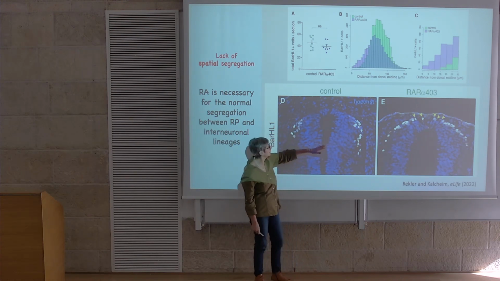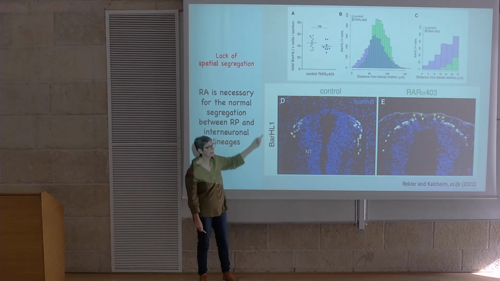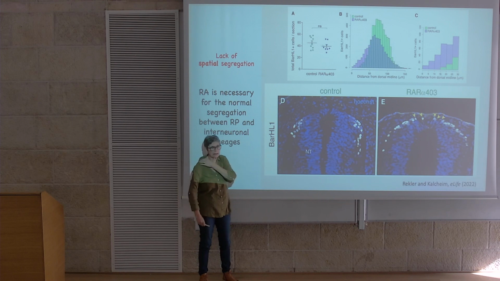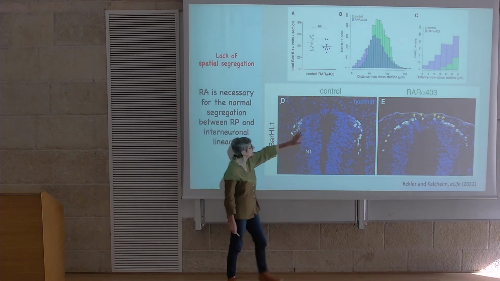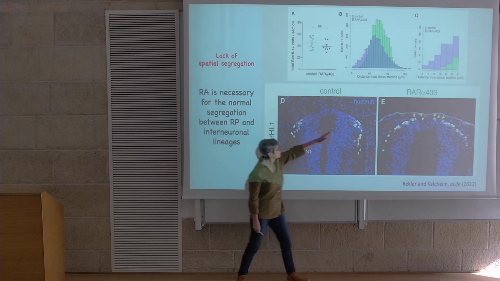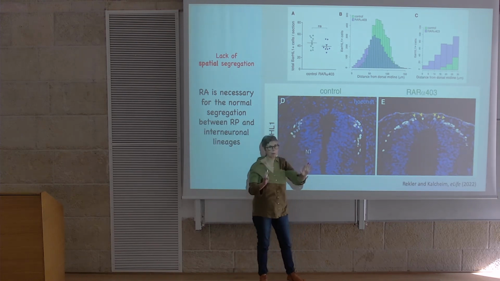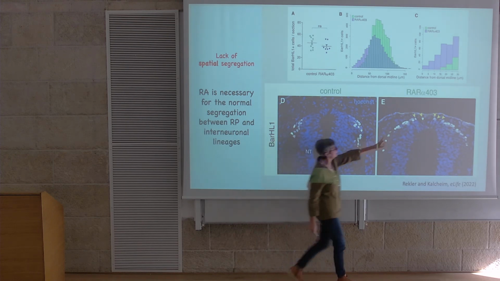Now these are DI1 interneurons because they express a certain marker, a certain molecule, which is called BARHL1. And as you can see under normal conditions, there is a boundary, okay, which separates roof plate from DI1 interneurons. What happens if we inhibit retinoic acid signaling?